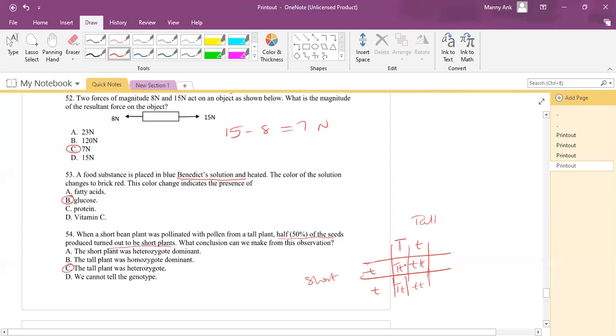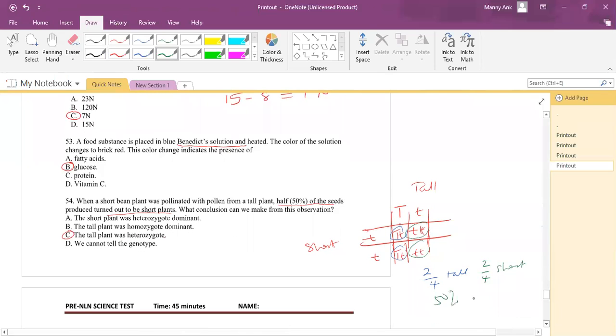So this tells you that you have 2 tall. This is going to be tall, tall. So 2 out of 4, tall. And then these are short. So again, we have 2 out of a total of 4, short. So that's where the 50-50 comes in, half-half. 50% tall, 50% short. Okay. So the plant has to be heterozygous. That's the only way you can have that.